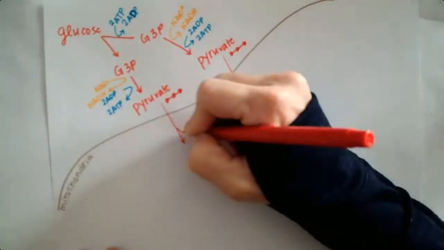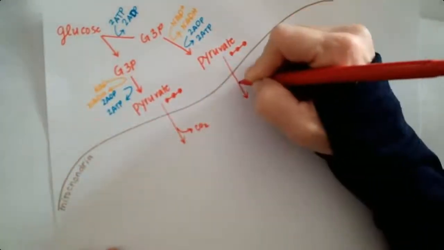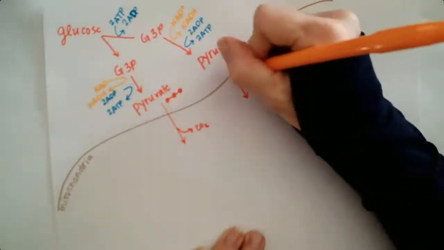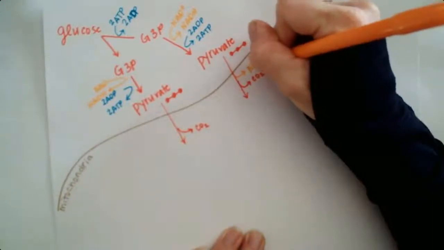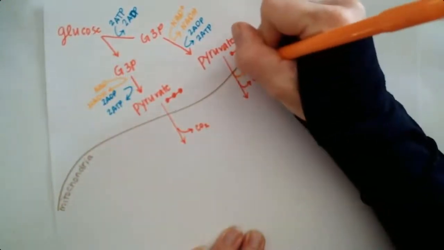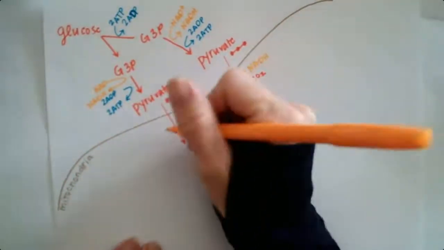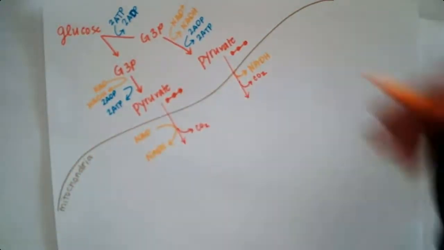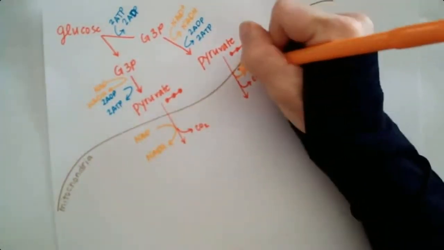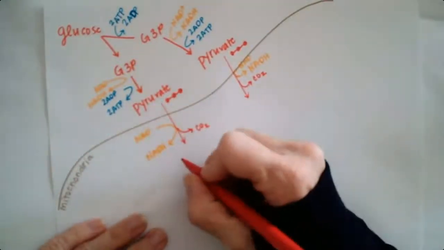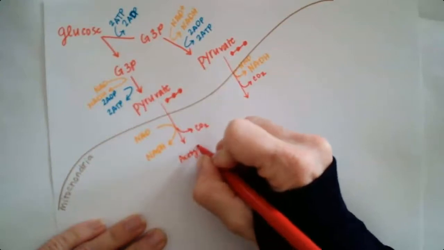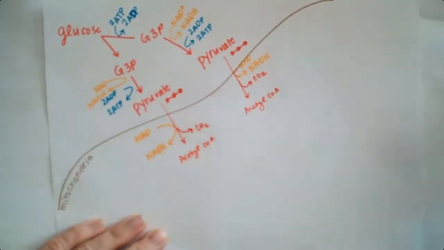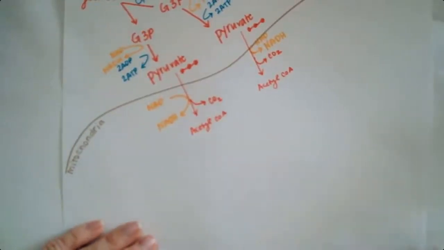They each lose a carbon as CO2, and they also each make 1 NADH. Pyruvate has now become acetyl coenzyme A, and is ready to enter into the Krebs cycle.